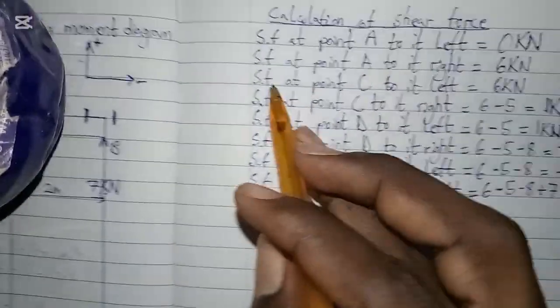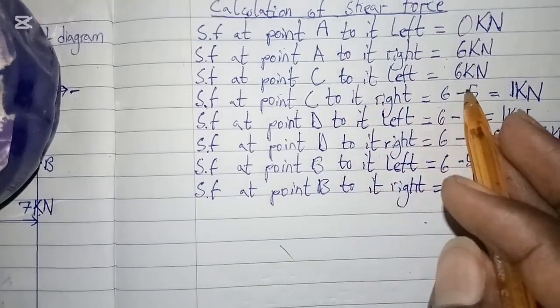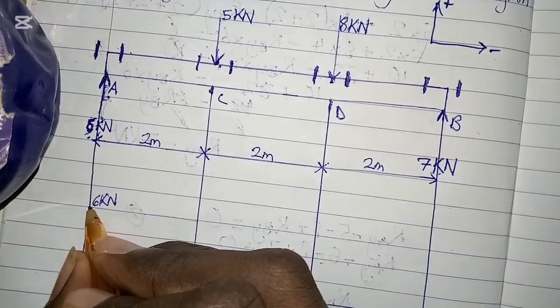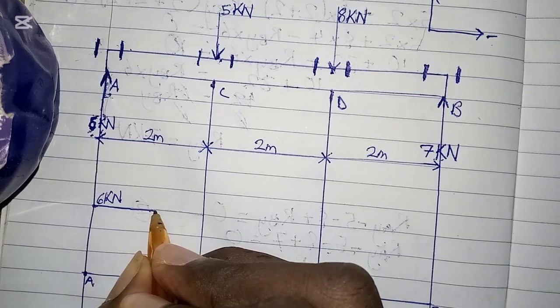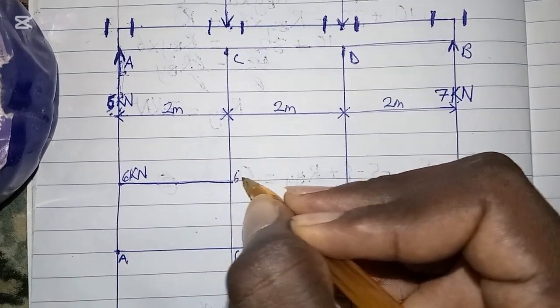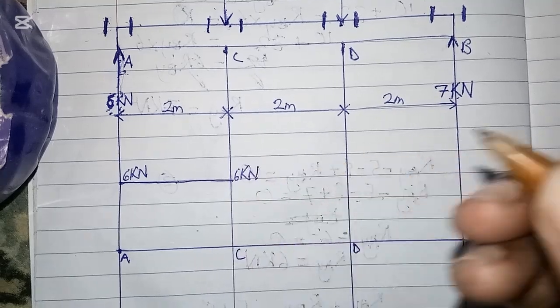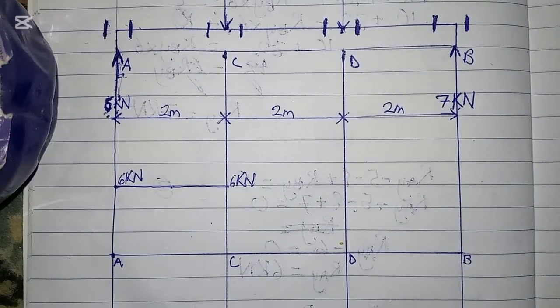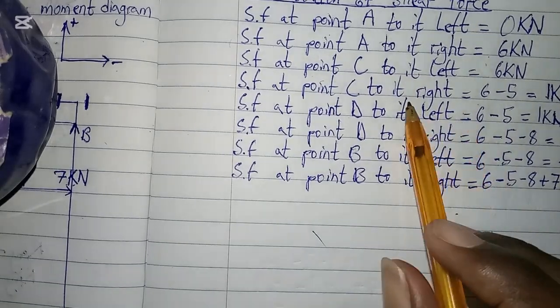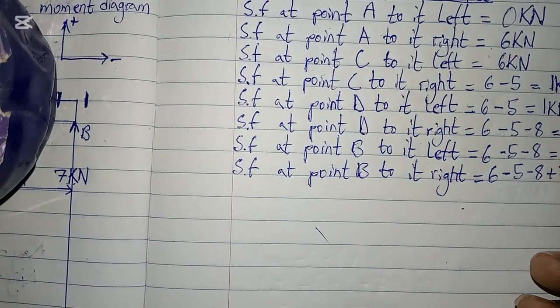And shear force at point C to 8 left is also 6 kilonewton, so from here to here is also 6 kilonewton. And shear force at point C to 8 right is 1 kilonewton.